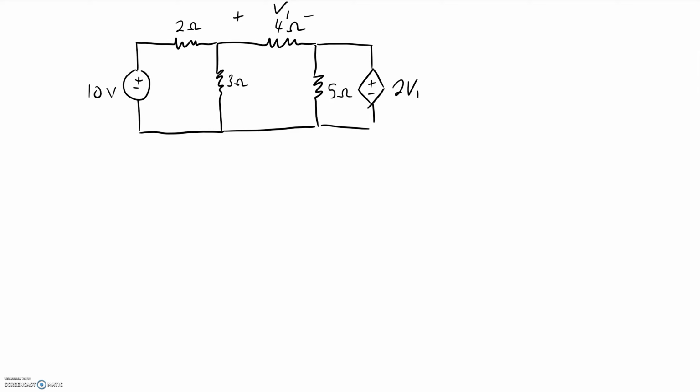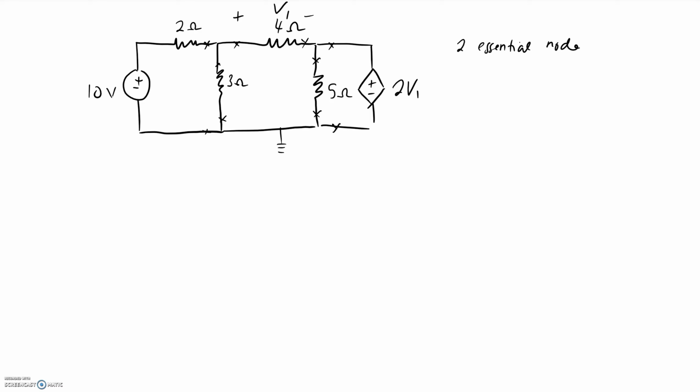Now, the first thing that you have to do is count how many nodes. 1, 2, 3. 3 nodes. Select one as a ground. So I choose this one as a ground. Now you have two essential nodes.